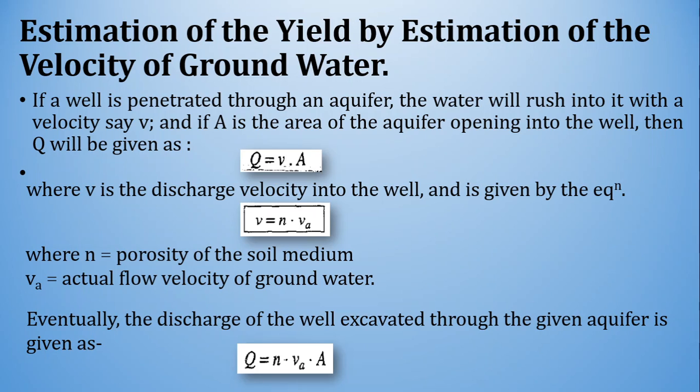Eventually, the discharge of a well excavated through the given aquifer is given as Q = n × Va × A.